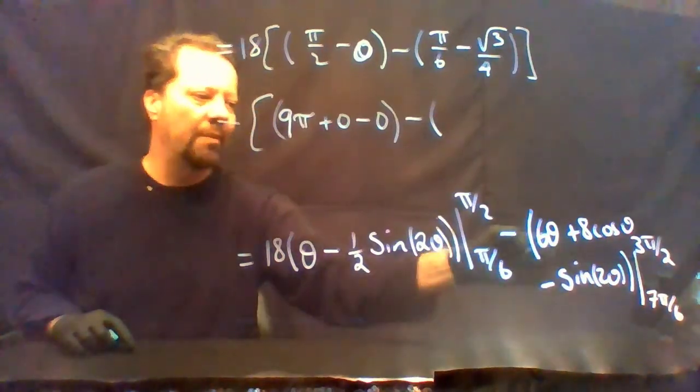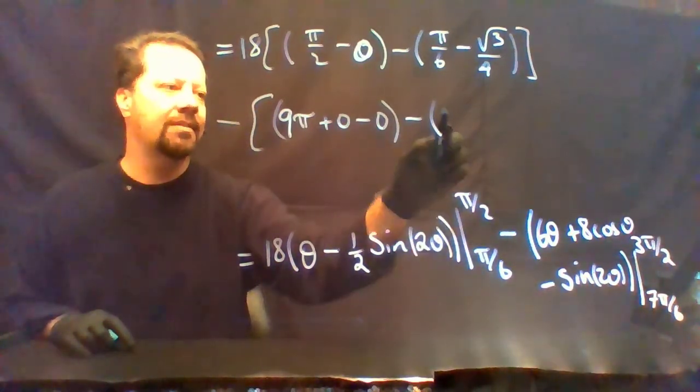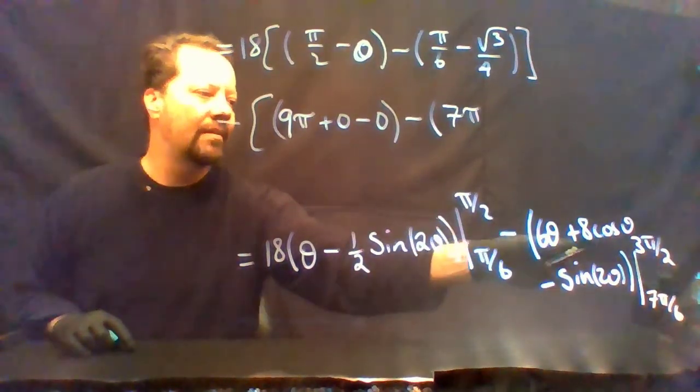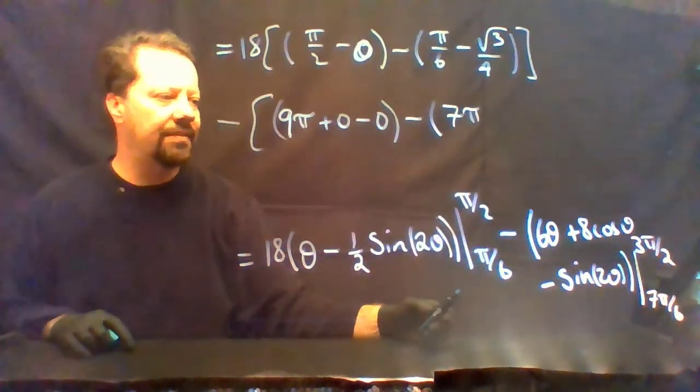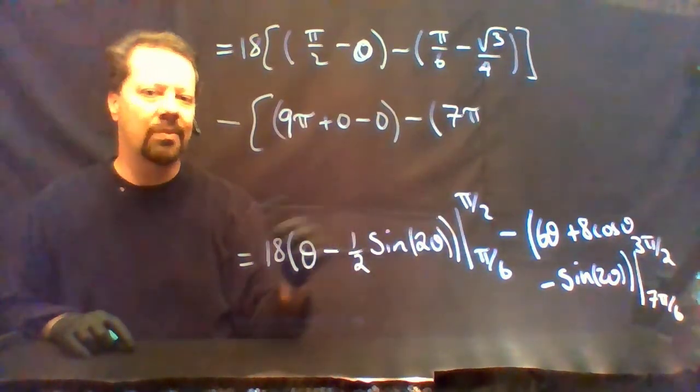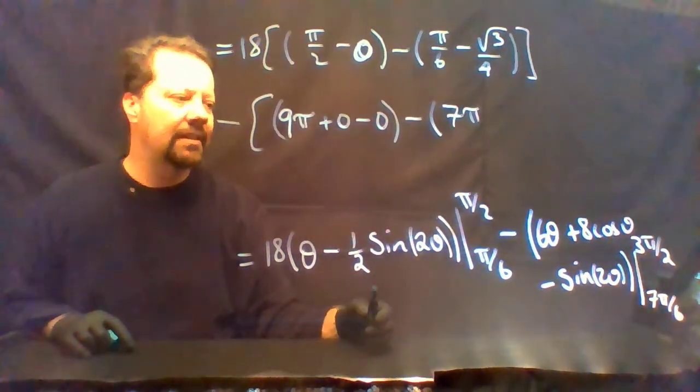We'll subtract what we get when we plug in 7 pi over 6. The 6's cancel, we have 7 pi. The cosine of 7 pi over 6, it's in the third quadrant, which is a negative quadrant for cosine.